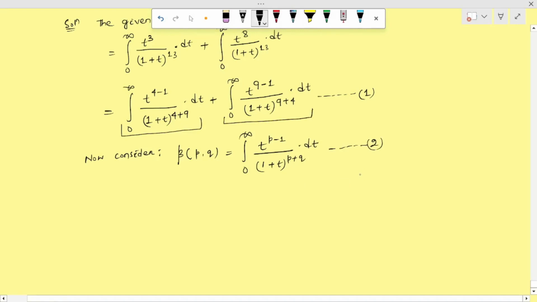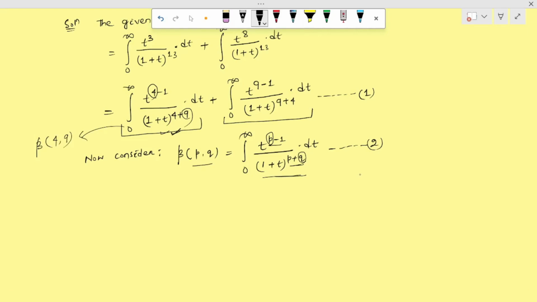First I am going to compare with this integral. Here you can see t to the power p minus 1 by (1 plus t) to the power p plus q. Comparing, p is 4 and q is 9. So if this integral is written as beta pq, then it will be beta 4 9.